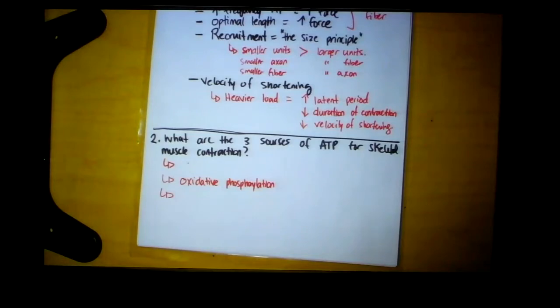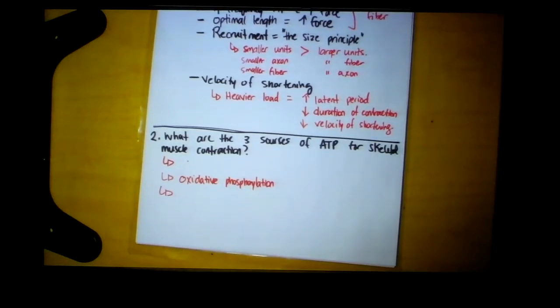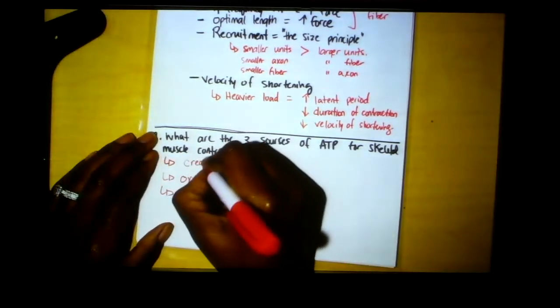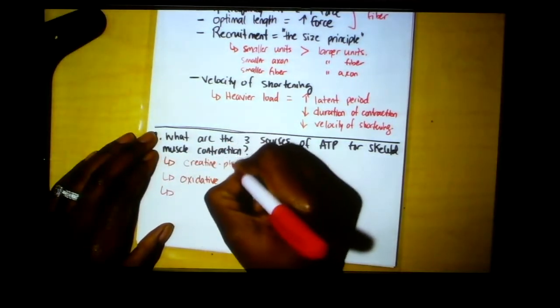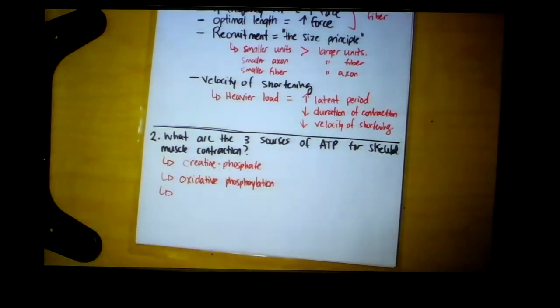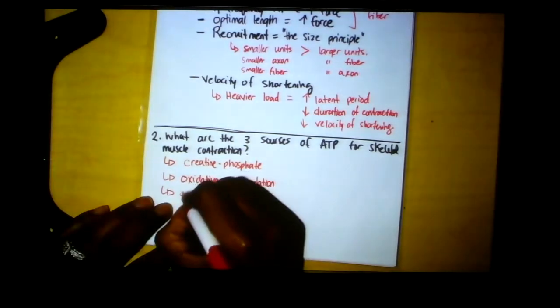Oxidative phosphorylation, what else? What was that transient source that kind of got things started, got things warmed up? The creatine phosphate system, right? Creatine phosphate. And then what was the other source? Anaerobic glycolysis. Perfect.